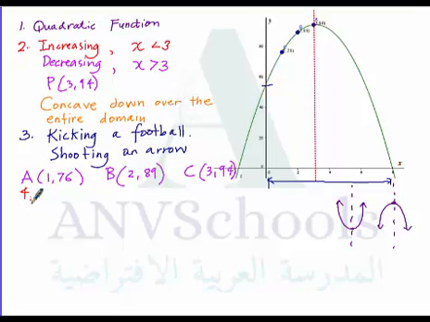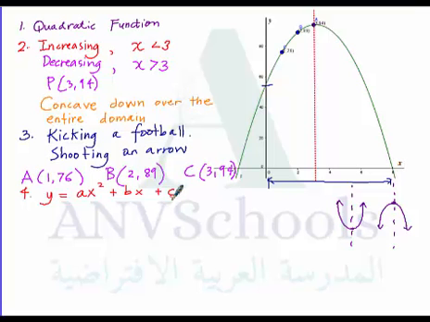Now since we already defined this as a quadratic function, we are going to use the general form of the quadratic equation in solving for the proper equation for this graph. So what is the general equation of a quadratic function? That is y equals ax squared plus bx plus c.